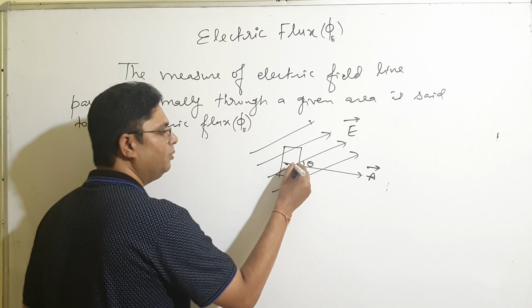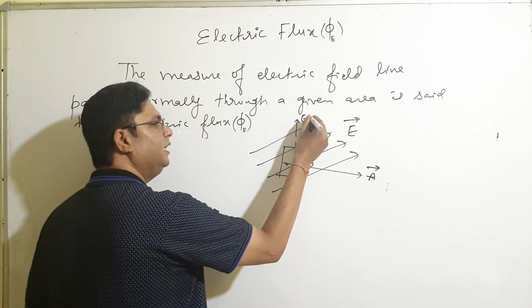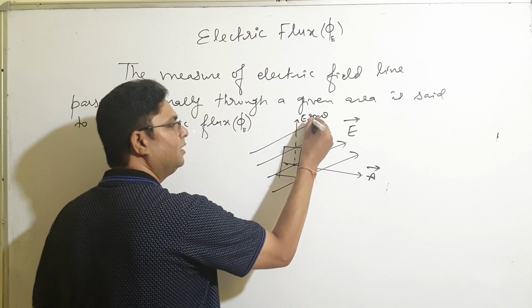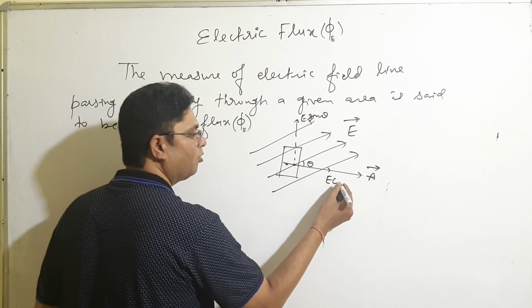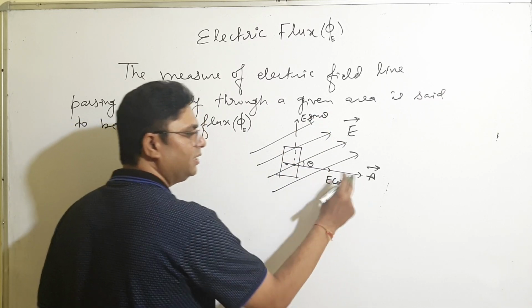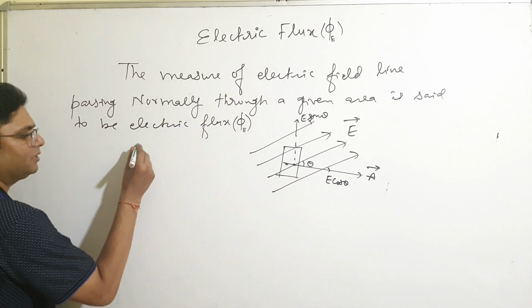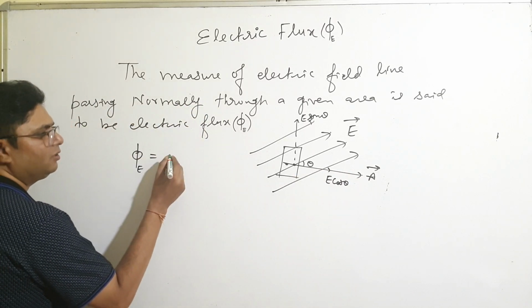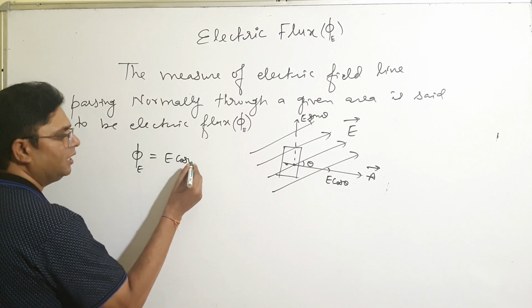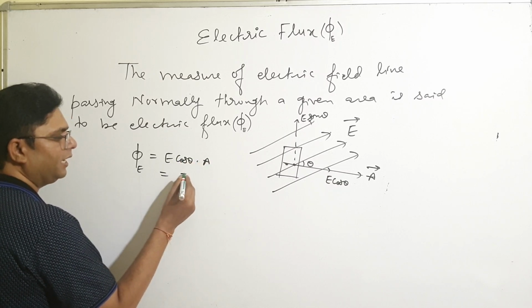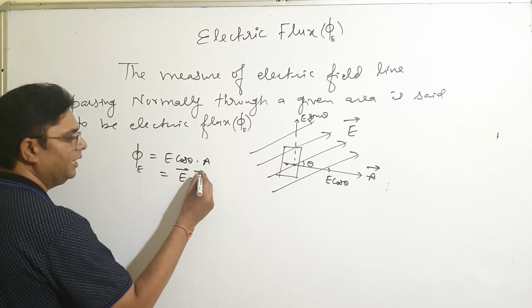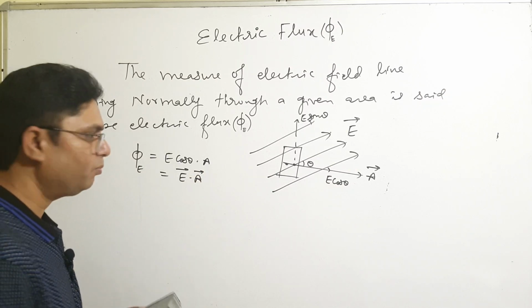So again resolve into two components. This is E sin theta, this is E cos theta. So these two are along the same direction. So you have flux phi electric is equals to E cos theta into A. So you can write here again E dot A, electric flux in this situation also.